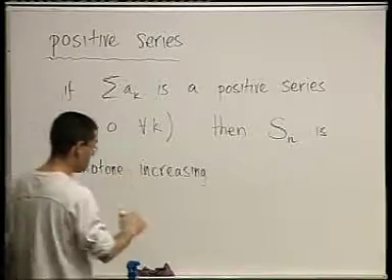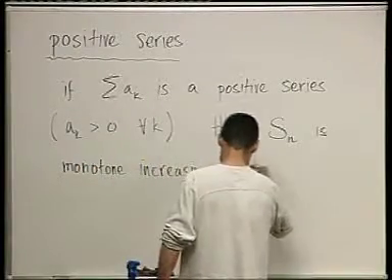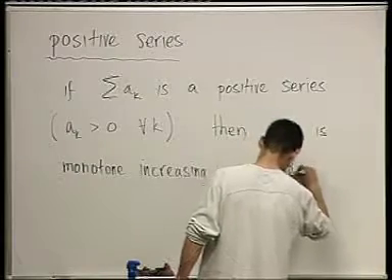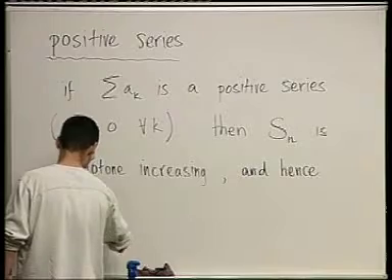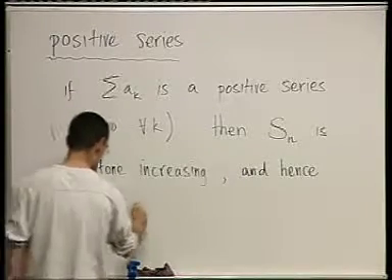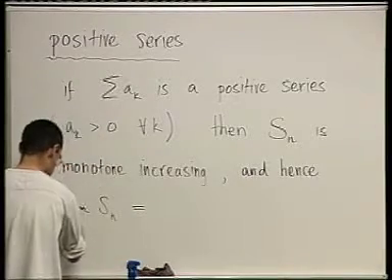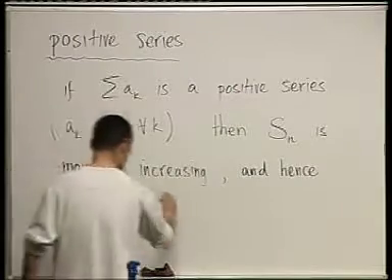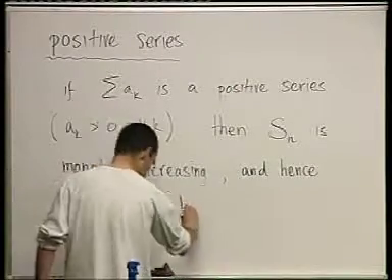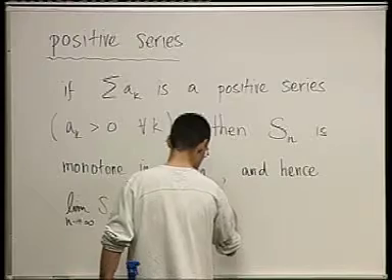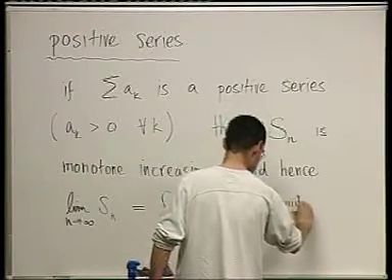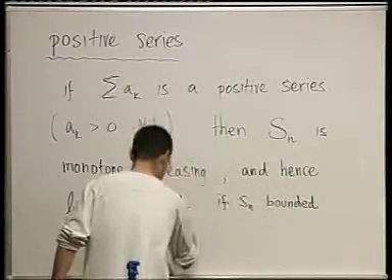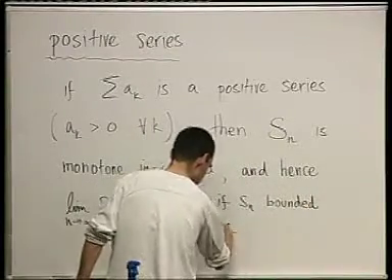So Sn is monotone increasing, and hence the limit of Sn equals some finite L if Sn is bounded, and infinity if not.